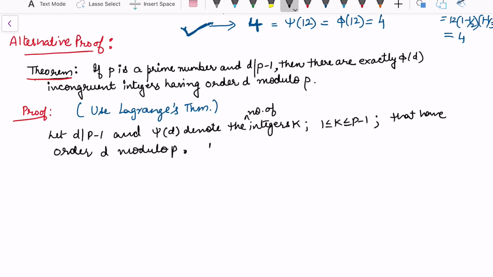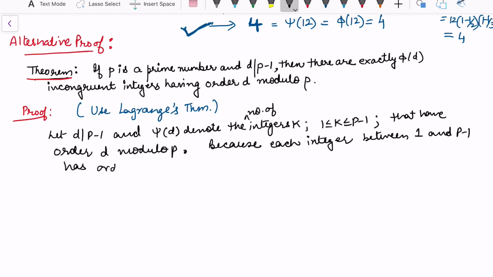Of course, each integer between 1 and p minus 1 has order d for some d dividing p minus 1. This point holds, as I have already explained it in my previous proof. Till here it is the same.